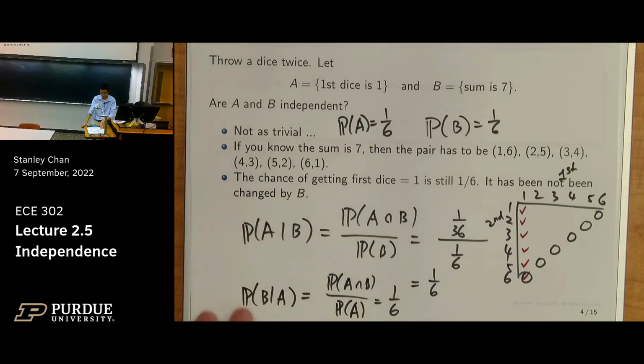It's independent of whether A has happened. So it turns out that these two events are independent, because regardless of whether A or B has happened before, the probability of getting the other event is not changed.